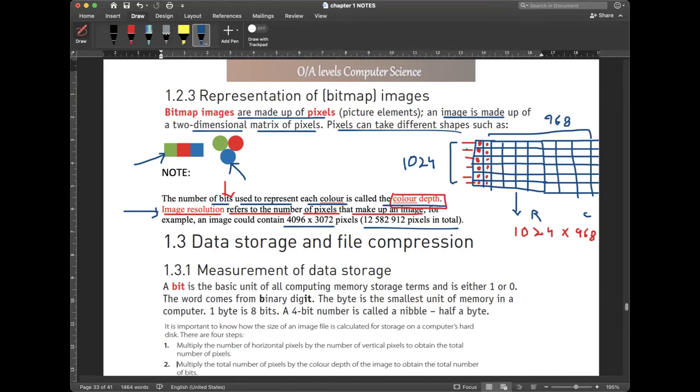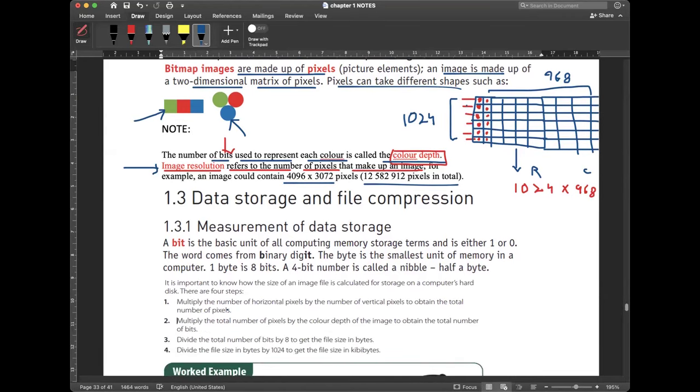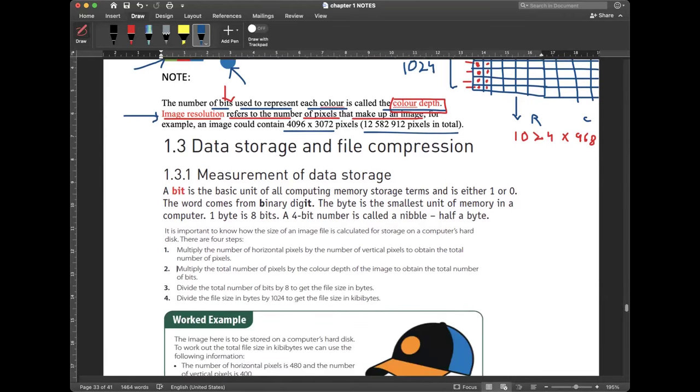Do you understand this or not? Yes. Rows times columns gives the total pixels in the picture, and that total is called image resolution. Right? Okay.